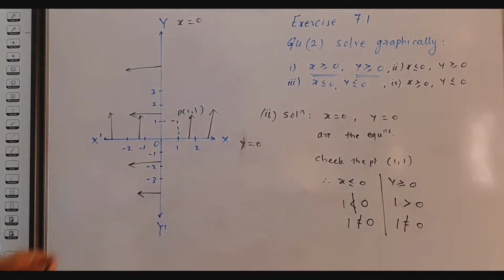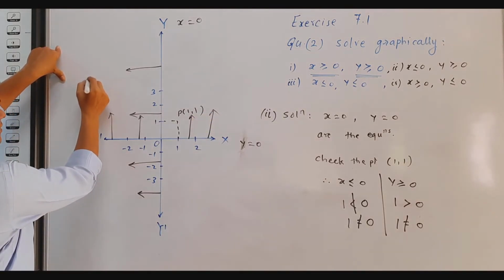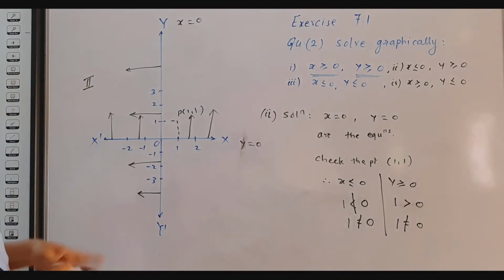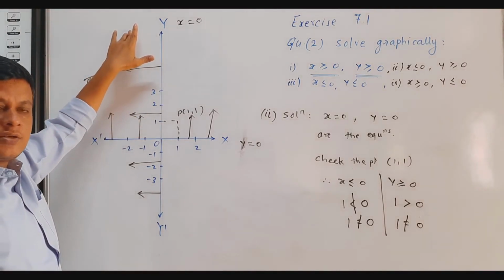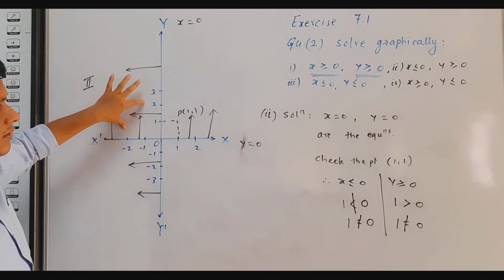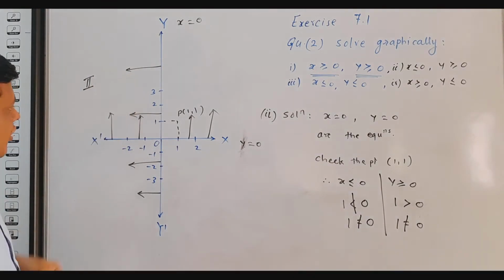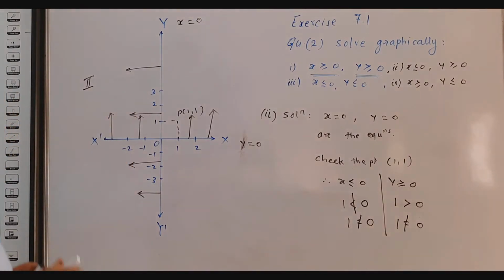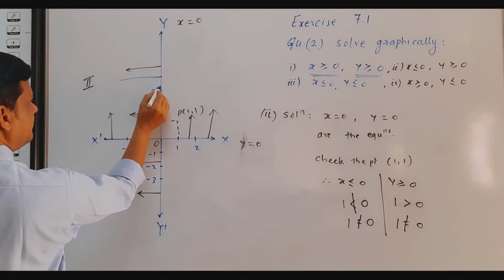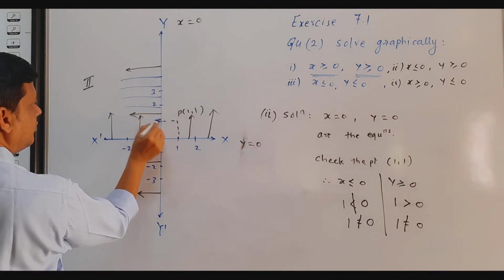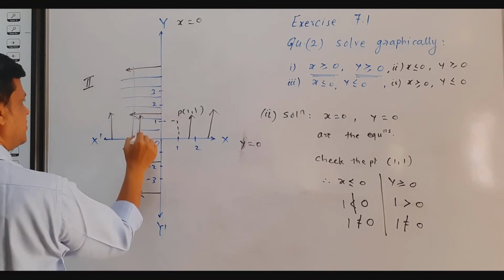Now here in this second quadrant, for both the regions we get the common region. For both the inequations we get the common region in second quadrant. So we have to shade the second quadrant for the graphical solution.